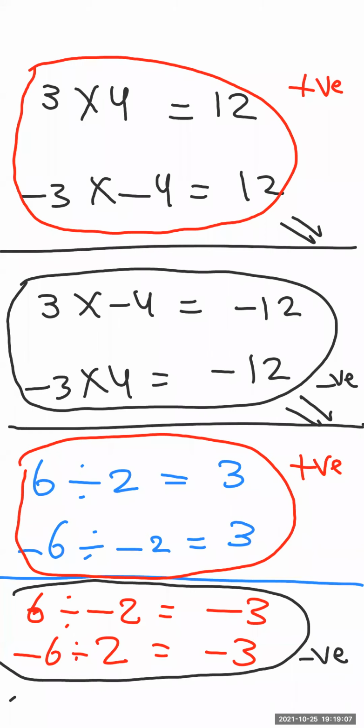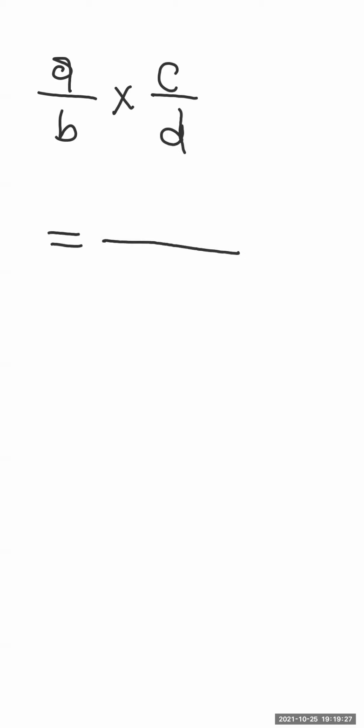The next point is about the multiplication operation. If we want to multiply two numbers like A over B times another number like C over D, how do we get the result?